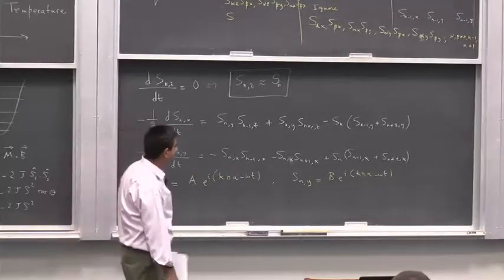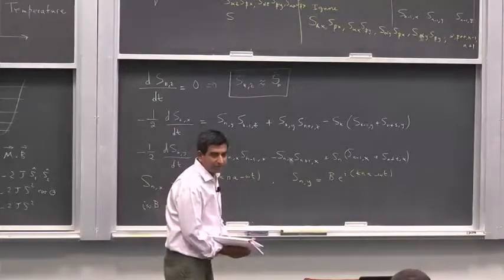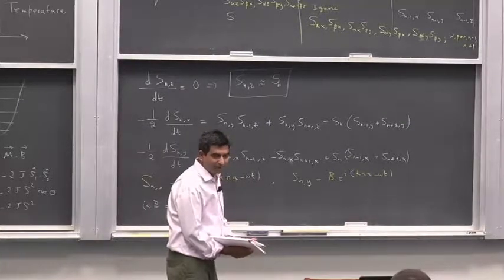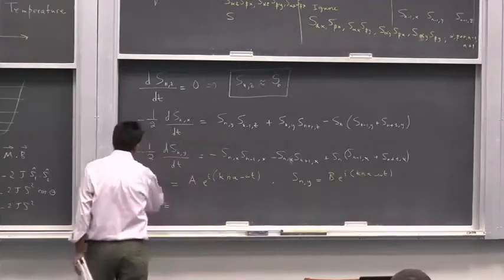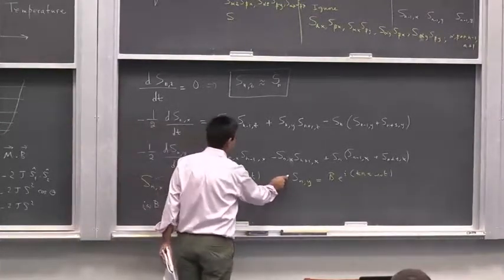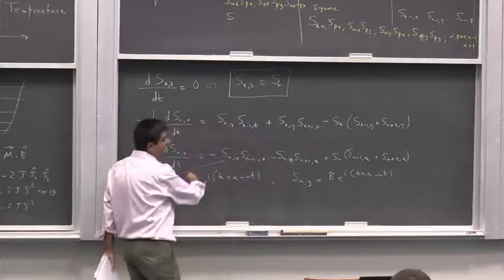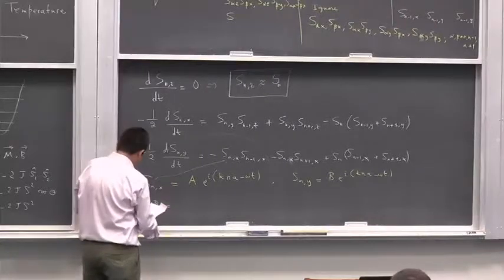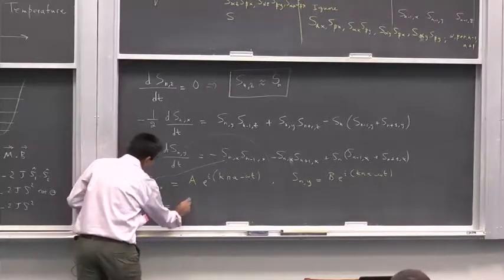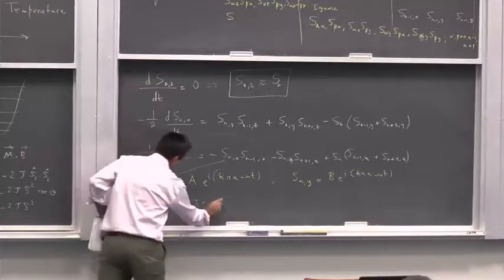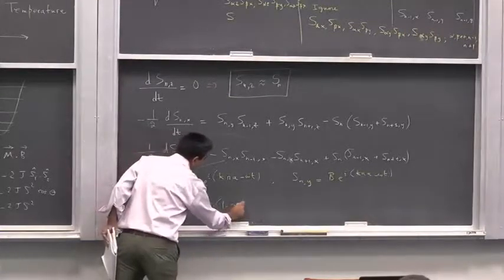You just insert this into this, and then you get two equations. One of these equations is i omega b equals minus 4jSa times (1 minus cosine of ka).